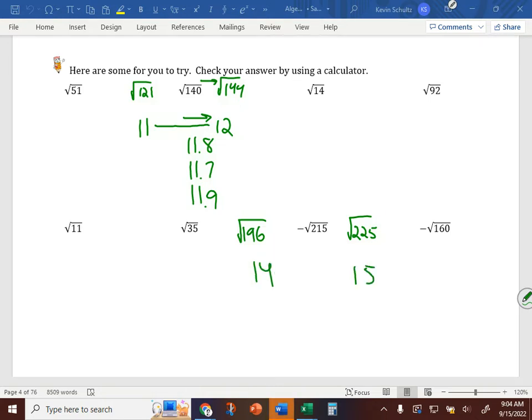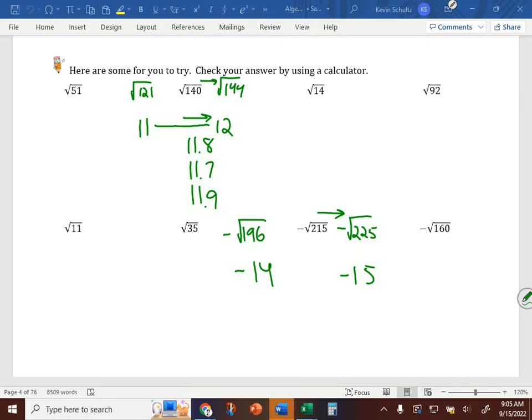Only since it's the negative root of 215, really it's between negative 196 and negative 225, which means it's going to be between negative 14 and negative 15. That's the only difference. So is 215 closer to 225 or closer to 196? Closer to 225, right? Here it's 10 away versus 19 away.